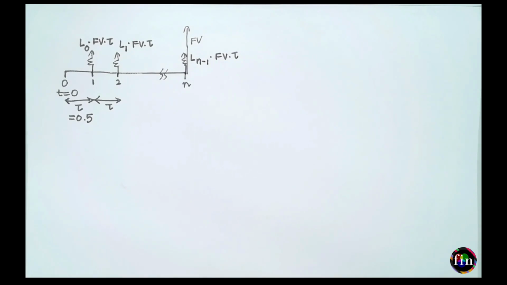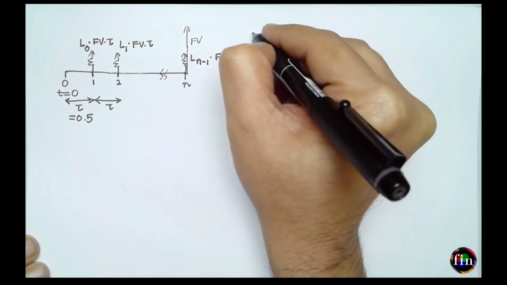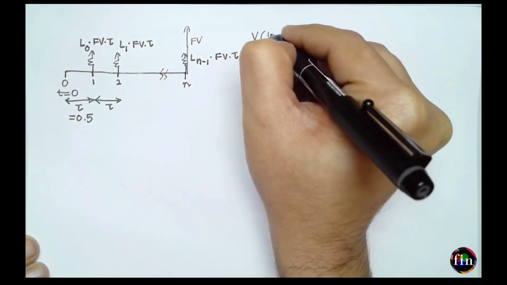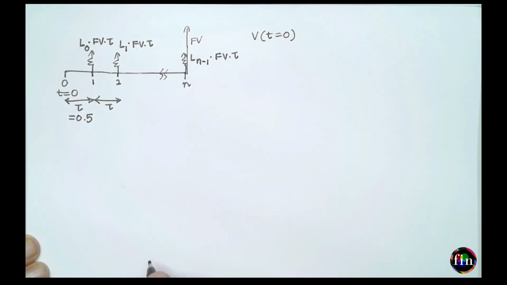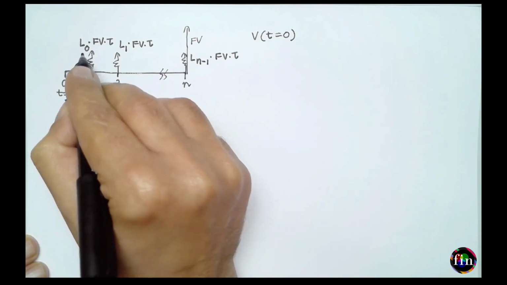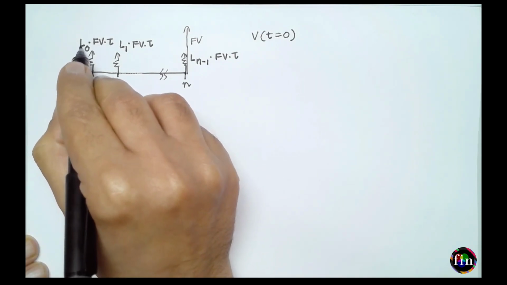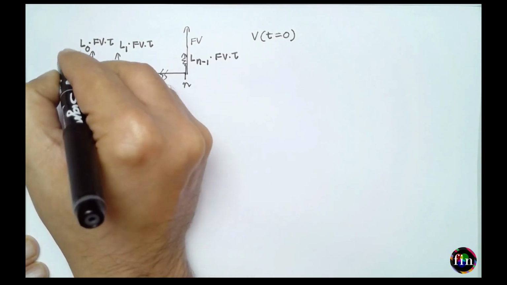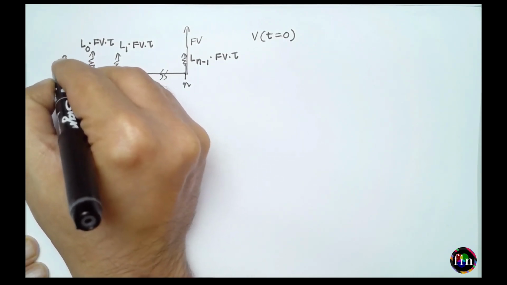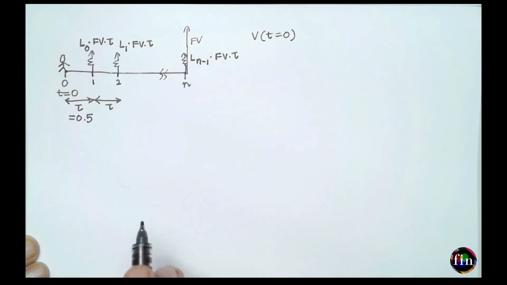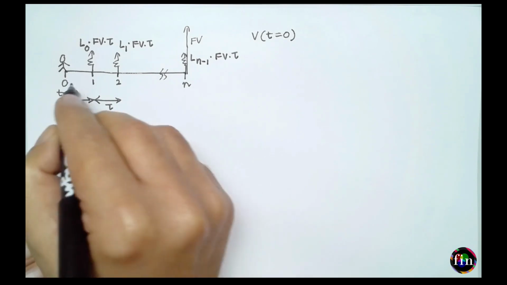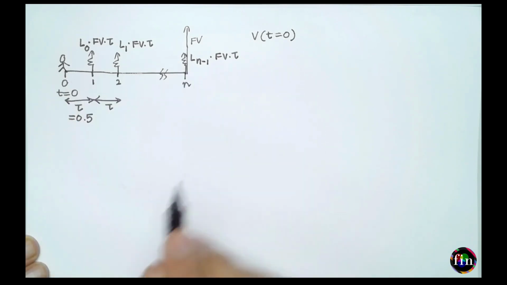So what is then the value of this note at time t equal to 0? To determine this value, there is a problem. Apart from the first LIBOR, L0, since I'm standing as of this date, all other LIBORs are not known to me. They will only be revealed to me when I land on these respective dates.